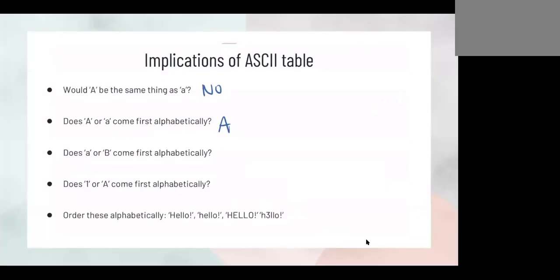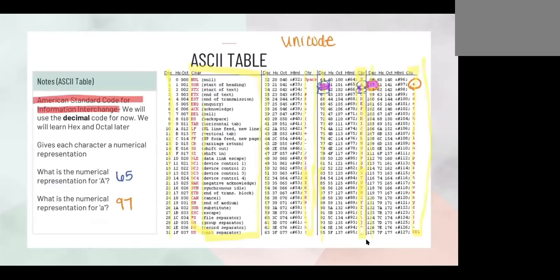So in terms of which one comes first, lowercase a or capital B, we established that capital B will come first. Now, does 1 come first or does capital A come first alphabetically? Yes, 1 will come first. If you take a look right here, there's that 1. 1 has a code of 49.